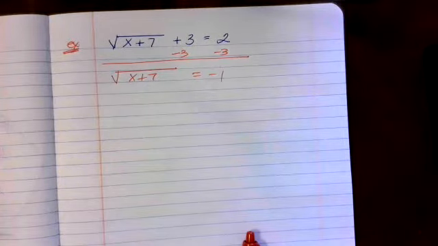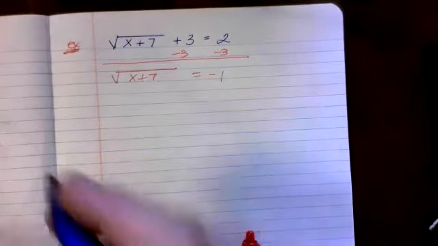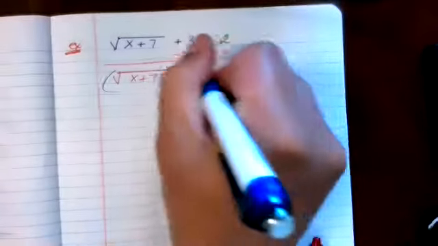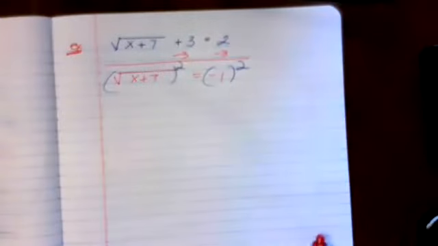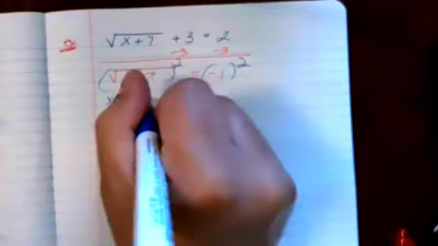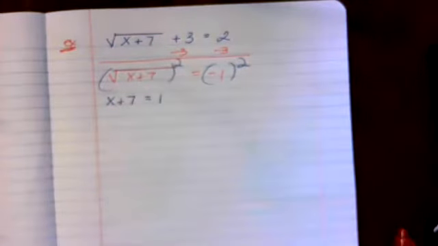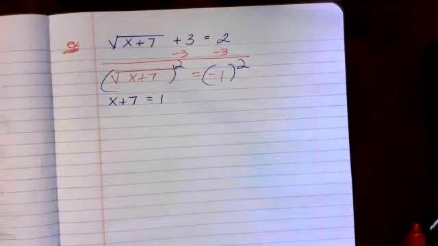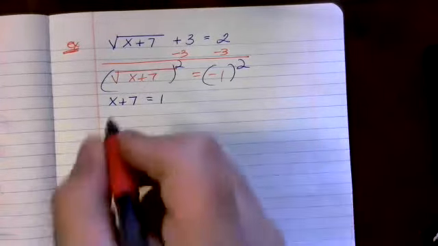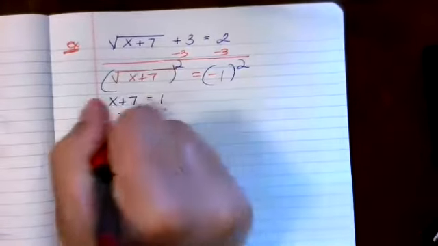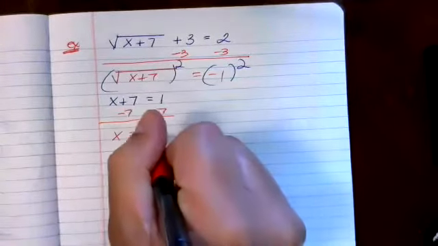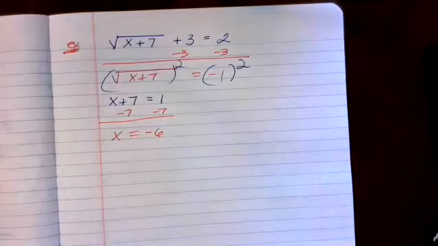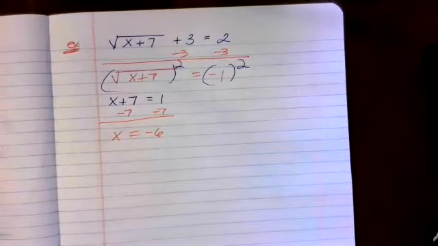I want to remove my radical, so I'm going to square both sides. So I'm going to have x plus 7 is equal to 1. Now I could solve the resulting equation. I want to get x alone, so I'm going to subtract 7 from both sides. I have x is equal to -6.